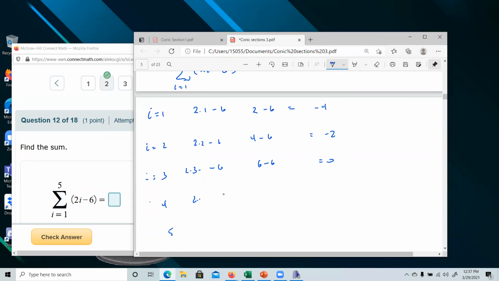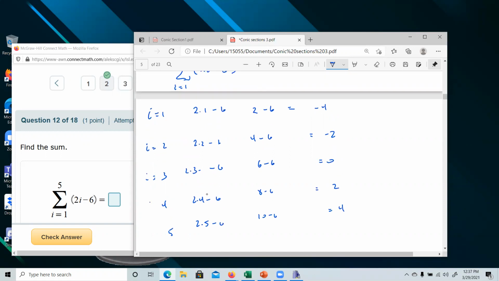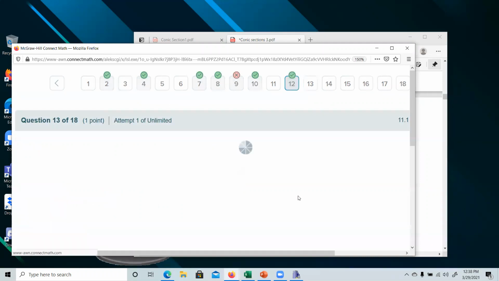Here we have 2 times 4 minus 6, so this is 8 minus 6, which is 2. And 2 times 5 minus 6, so that's 10 minus 6, which is 4. And I'm pretty sure if I add all of this stuff up, it equals 0. All right, let's check that one. Okay, very good.